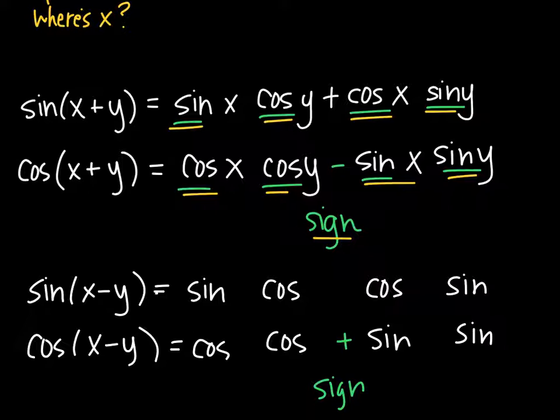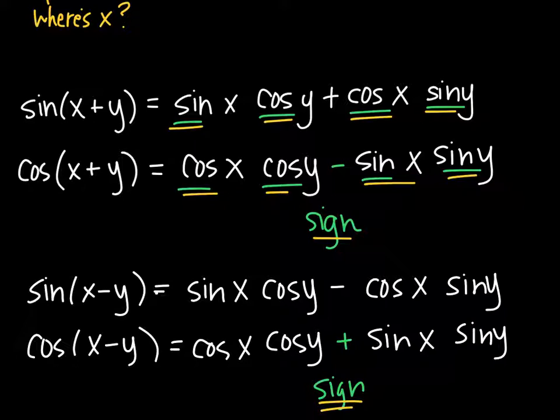For sine, the top row, because it's a minus problem, it stays a minus problem. But in the cosine row, when it's a minus, it changes to a plus. When it's a plus, it changes to a minus. So that's the only one that would have that extra SIGN to represent the sign change, from plus to minus or from minus to plus.